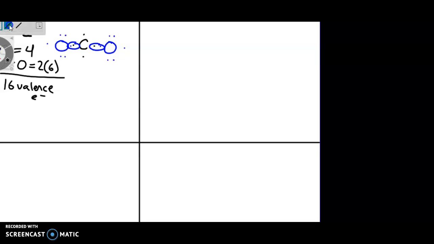So what can happen is, notice we have these individual unpaired electrons over here. These can also share. We can share these 2 electrons between this oxygen and this carbon and form another bond between carbon and oxygen. That's allowed.